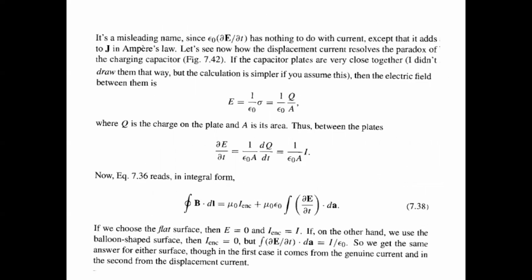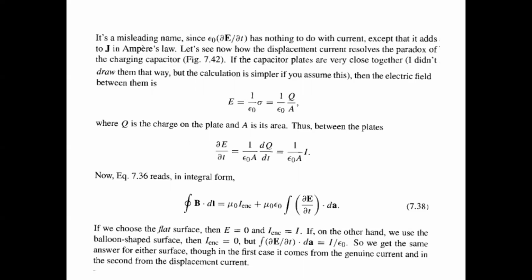Now, displacement current resolves the paradox of the charging capacitor, which we were discussing earlier. If the capacitor plates are very close together, the calculation is simpler if you assume this.